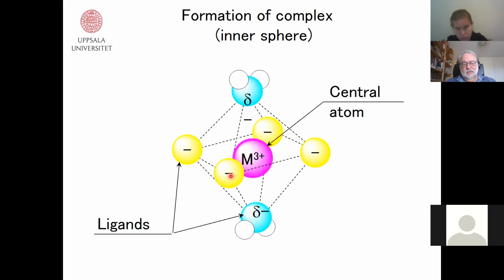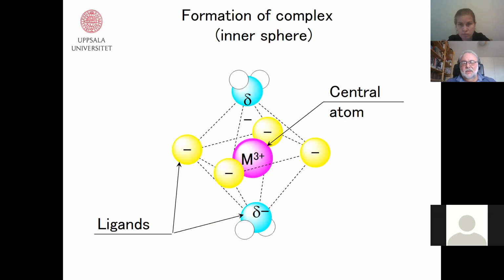a ligand. So in this example, we have a square bipyramid with anions on the equatorial plane, let's say, and water dipoles located on the vertices of the pyramid.